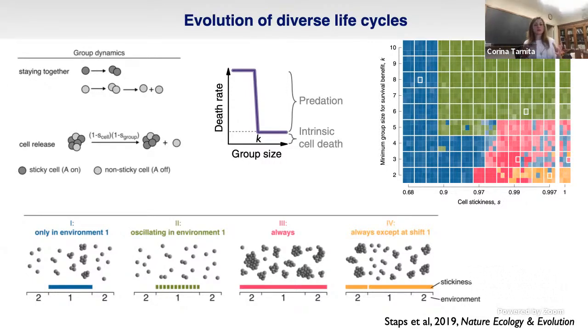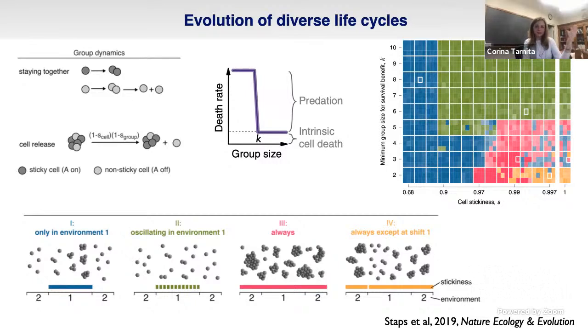So this is just to show that basically, with a very simple setup of an ancestor that's able to sense an environment that's not very exciting, but it's at least a fluctuating environment, and with very simple cost and benefit functions, you can get 4 different life cycles already basically at the origin of multicellularity. And they're not nonsensical cycles.